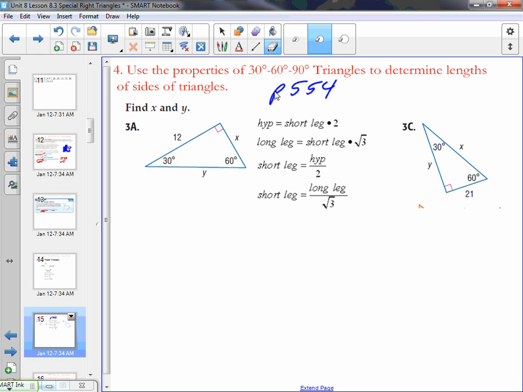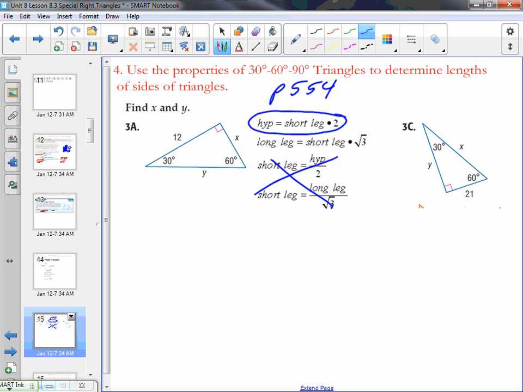Now, since I know the short leg, I don't have to worry about those 2 equations. Those are the ones I use when I don't already know the short leg. Since I know the short leg is 21, then I know that the hypotenuse equals short leg times 2.